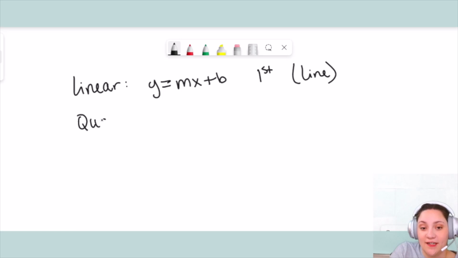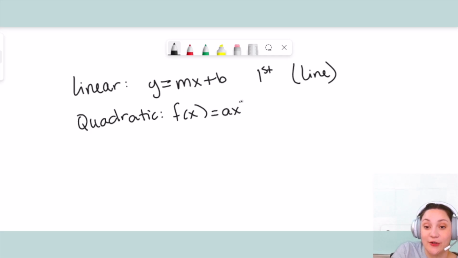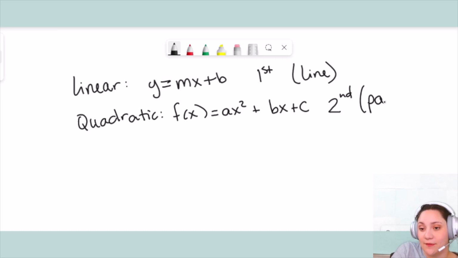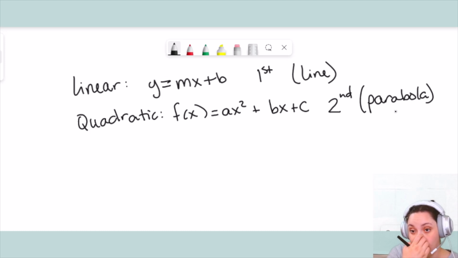Now we just finished having a discussion about quadratic functions, and their standard form is in decreasing order of degree, so ax squared plus bx plus c. This is a second degree polynomial, and its graph is what's called a parabola. And if you're not already familiar with parabolas, we are going to be talking about them much more in depth.